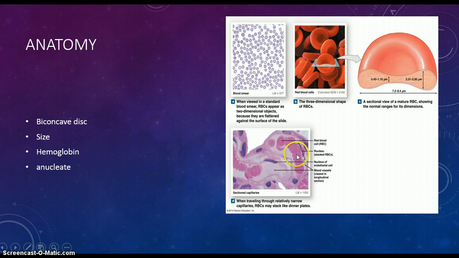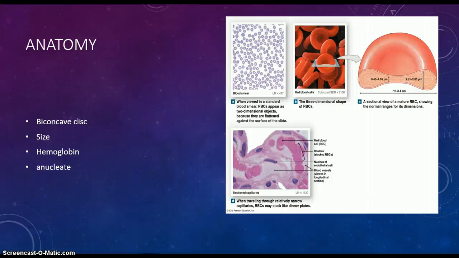You see right here the stacking nature. What that does is keeps the cells from bouncing around in that blood vessel, and then all of them move through the vessel at one time. Thirdly, it enables flexibility of the red blood cell. It allows it to twist and turn when it gets into those capillaries that are about 1/2 of their size.